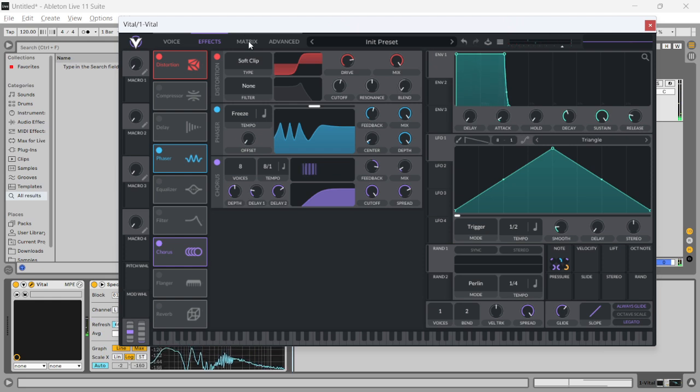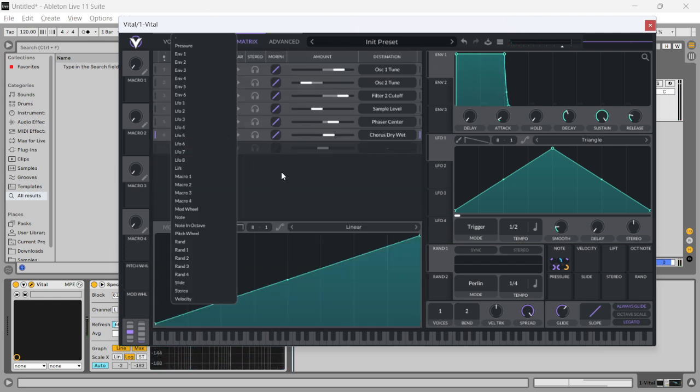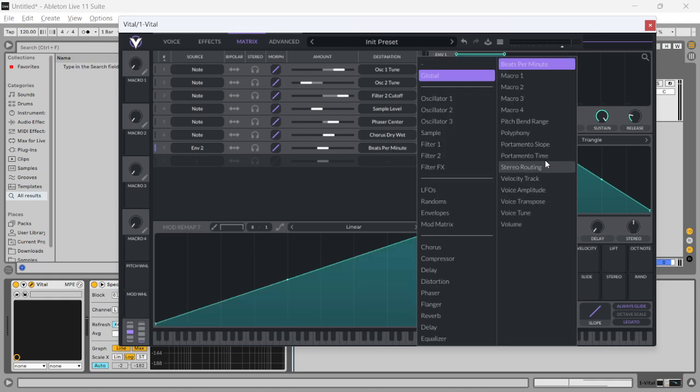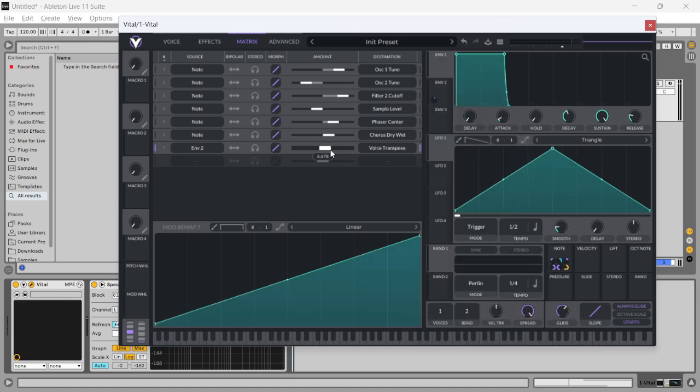Nice. Another thing is that I've seen a lot of dubstep producers or drum and bass producers do this for really gnarly sounds: they will take an envelope and modulate the global. I am so sorry.